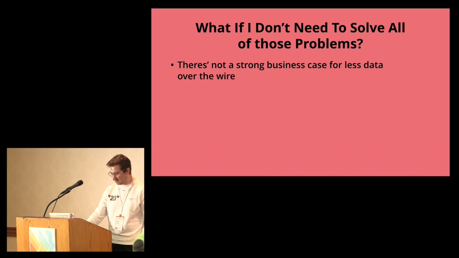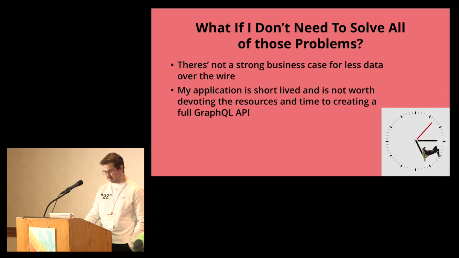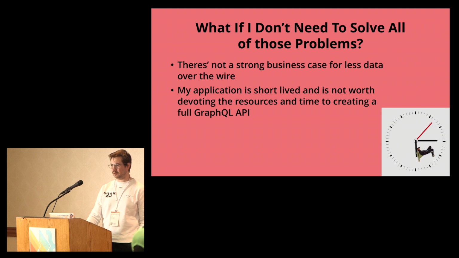My application is short-lived, and it's not worth devoting the resources and time to creating a full GraphQL API. That is something you have to do, and it's less ad hoc, I would say, than spinning up another API where you're just creating some RPC endpoints, grabbing data, prototyping. You have to think through creating a schema.